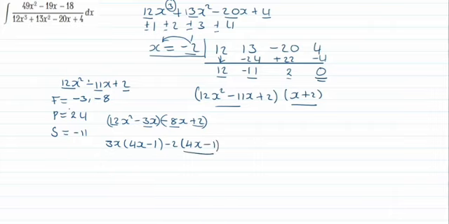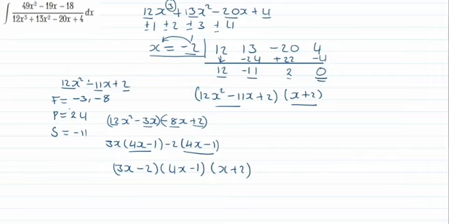Since the factors inside are the same, we can group them by saying 3x minus 2 multiplied by 4x minus 1. So these are the two factors that are going to give us a 0 when you plug in their values, including x plus 2.